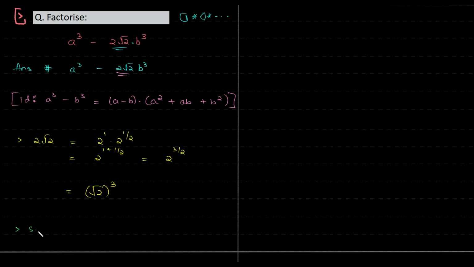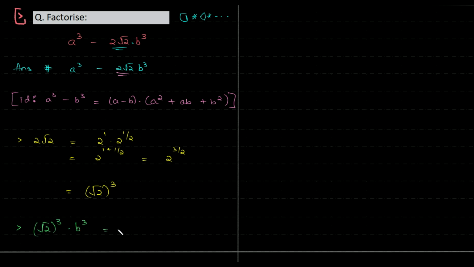So in the end, your solution would look like this. A cube minus root 2 the whole cube into b cube, which can further be written as what? A cube minus, actually I should have done it as a separate thing. Let me not do this. I want to do it systematically so that you guys learn systematically. Now, this entire expression is nothing but root 2 the whole cube into b cube.